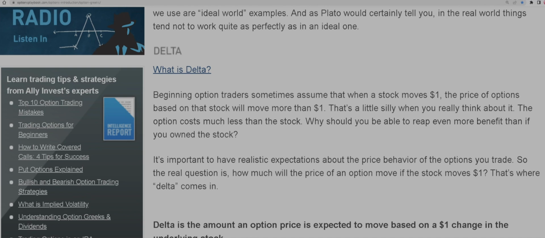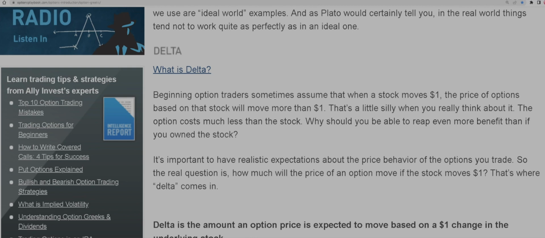So it is important to have a realistic expectation about the price behavior of the option you trade. The real question is how much the price of an option will move if the stock moves $1. That's where delta comes in. That's exactly what delta does.